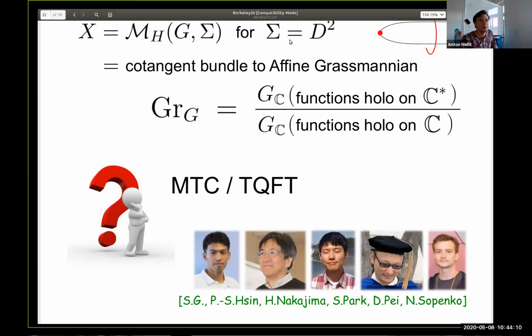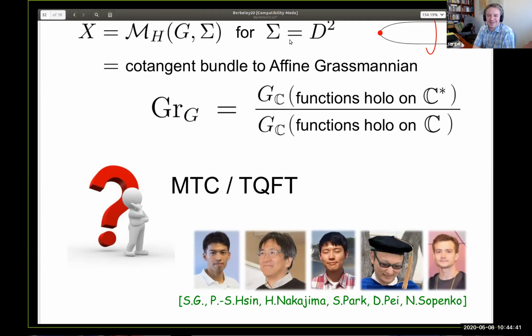Maybe we don't know what we want, but if you ask about algebraic structures underlying fully extended, or extended pretty far, theories in dimension 4, that's still going to be a functor in this spirit. But it's true, we don't know what's the analog of a modular tensor category or Frobenius algebra.